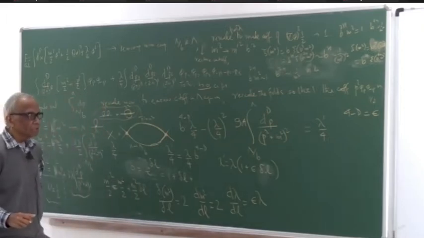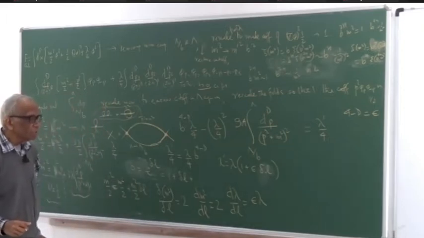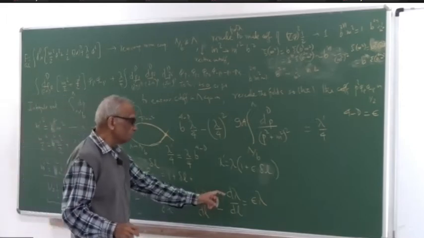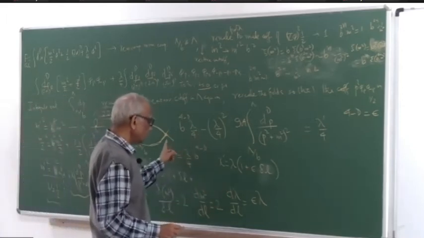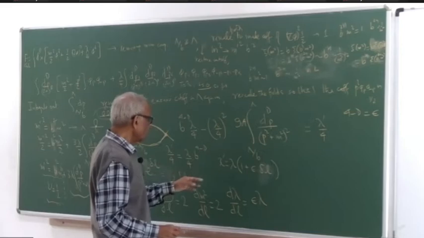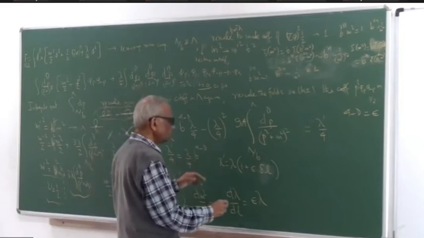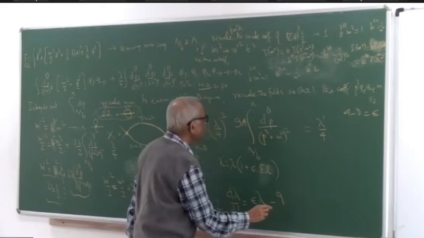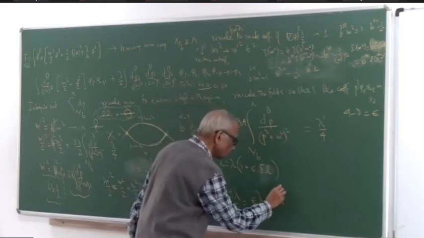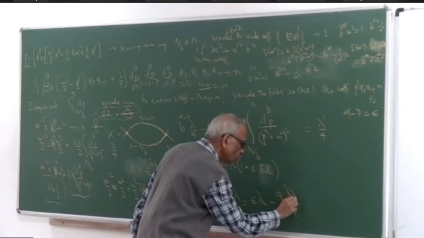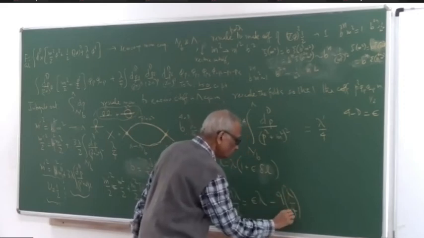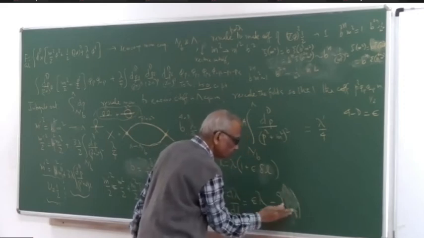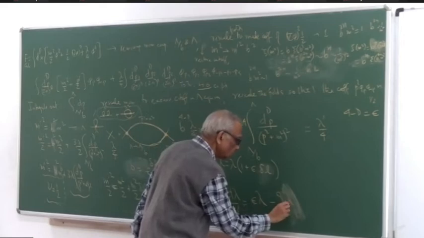All right. So d lambda by d L is equal to epsilon lambda minus 9, and then it is lambda over 4, no, lambda square.